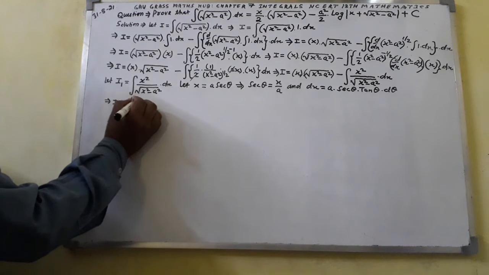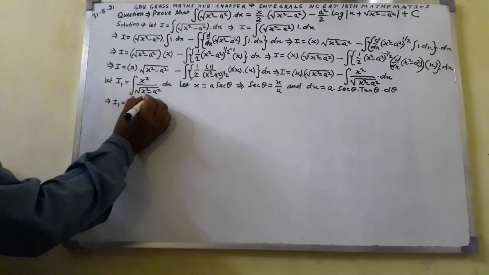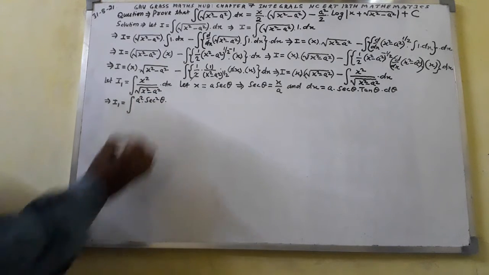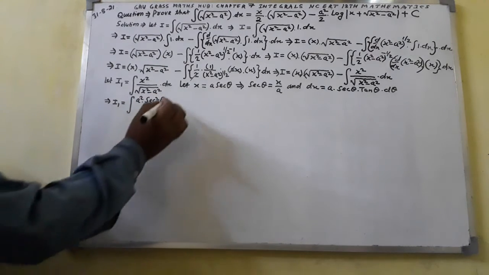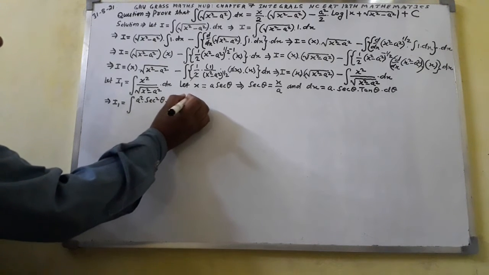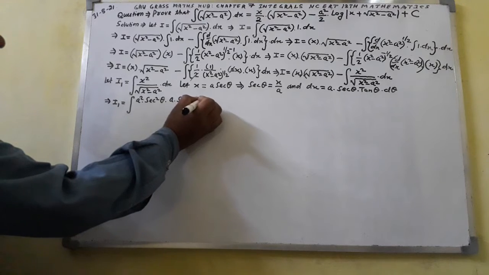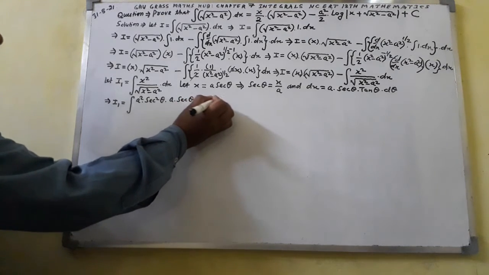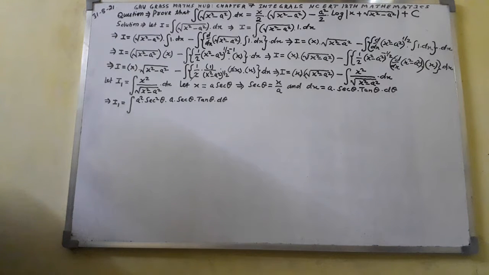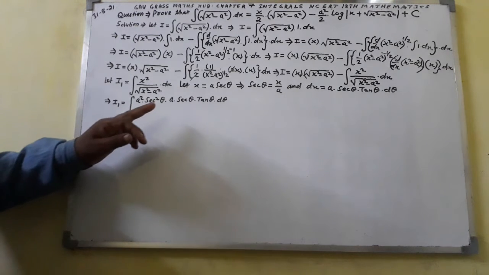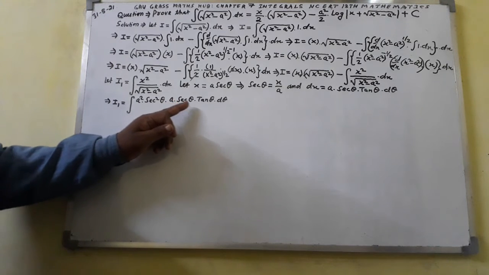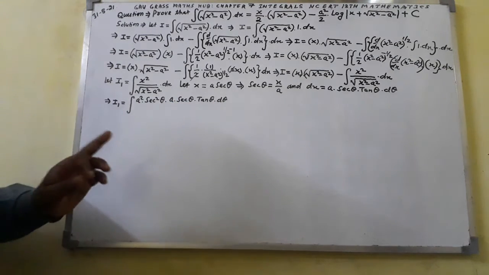So here you will get a square dot sec square theta, and in place of dx I shall write a dot sec theta dot tan theta dot d theta. This thing I shall write.